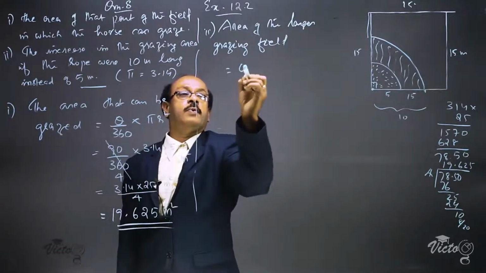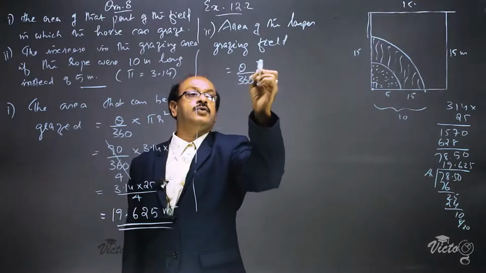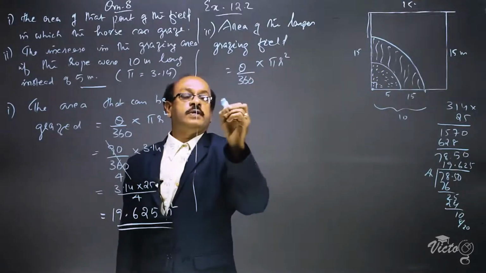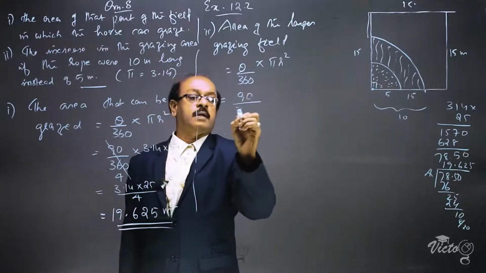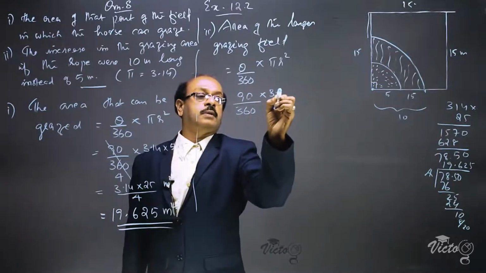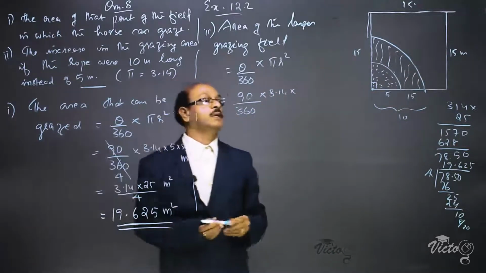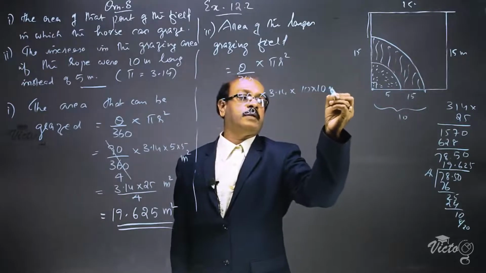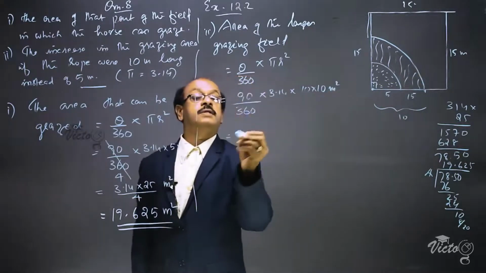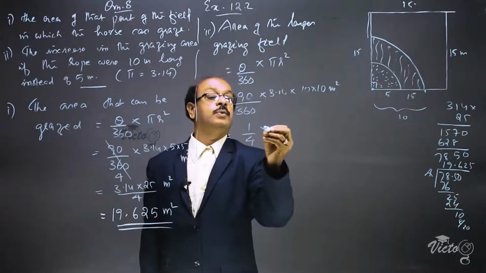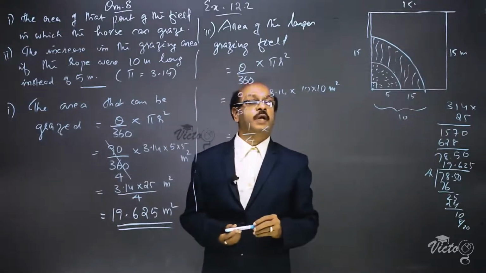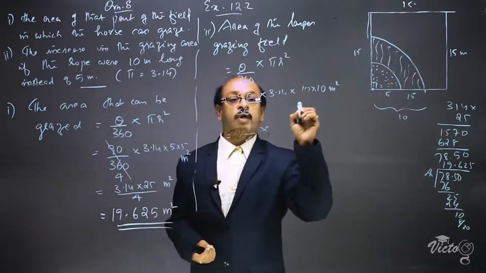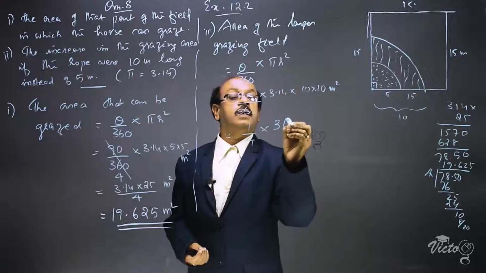Here also the formula is theta by 360 into pi r square, which is 90 by 360 into 3.14 into, here the radius is 10 meters, 10 into 10 meter square. Here cancelling, it is 1 by 4 into 3.14 into 10 into 10, which is 3.14 into 100, equal to 314.